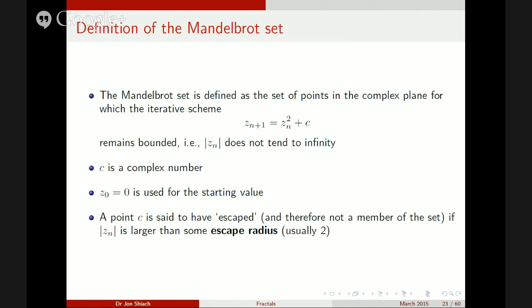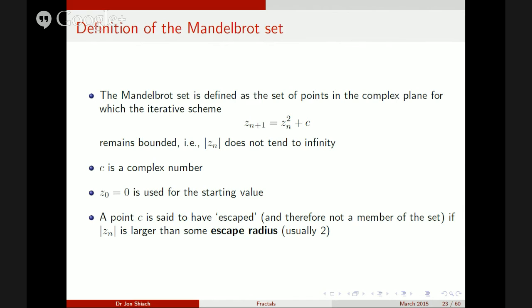So we know that we're dealing with the complex plane and complex numbers. How do we define the Mandelbrot set? Well, this is rather beautiful, I think. It's a very, very simple scheme. We have an iterative scheme where we start with our number c, which is a complex number somewhere in the complex plane.